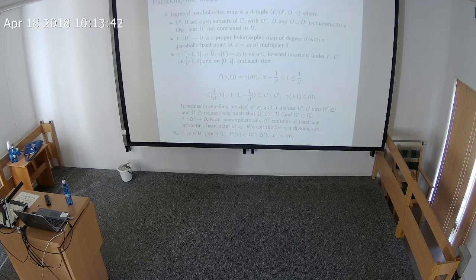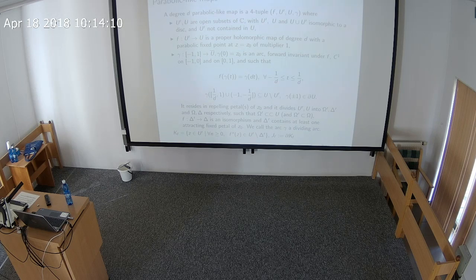So your preimage here can stay inside, but here, it sticks out. And then, in order to separate the parabolic dynamics from the hyperbolic one, you can define dividing arcs here. And this is a parabolic-like mapping.